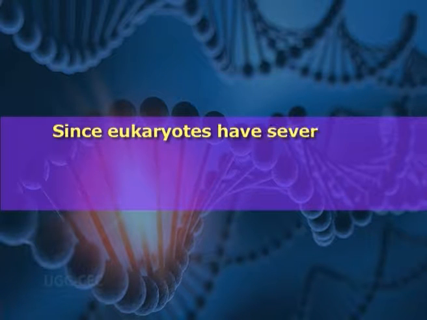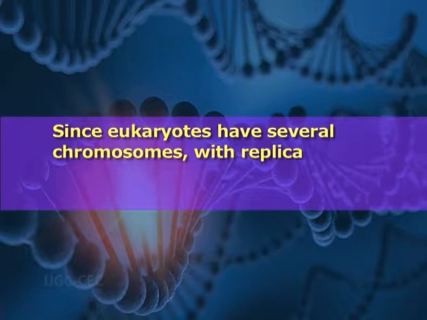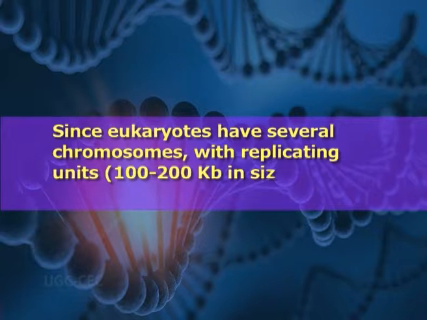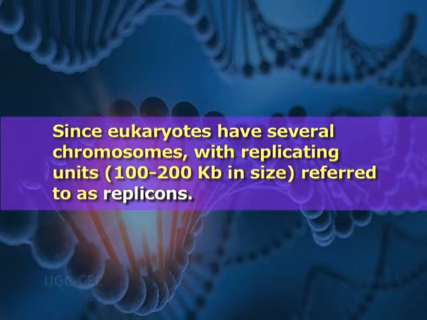Since eukaryotes have several chromosomes with replicating units 100 to 200 kilobases in size, referred to as replicons, what has been discovered in E. coli can be applied to the replicons in other species to get a handle on replication in them, keeping in mind that specifics with respect to the proteins and enzymes and even ORI and TER sites involved in each species will differ.